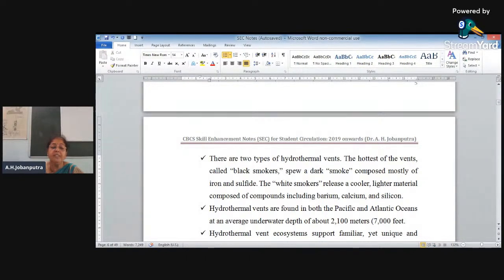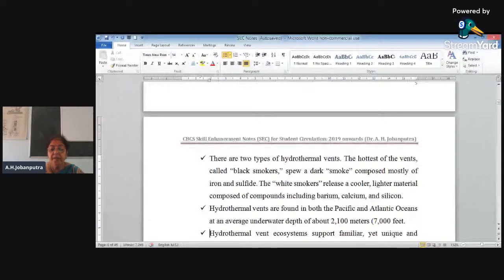A bit cooler ones are white smokers, which have a lower temperature than the black smokers, and they release compounds like barium, calcium, silicon, etc.